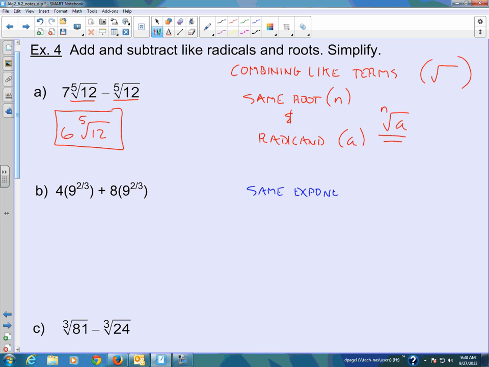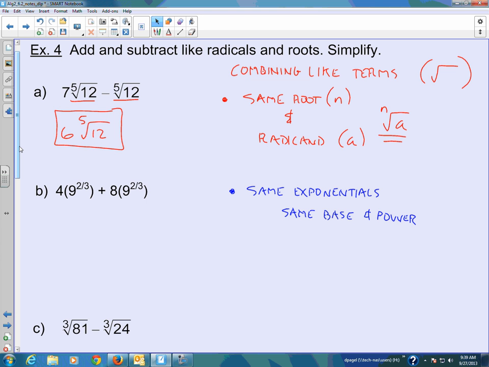Exponentials, which means same base and power. So we can do same exponentials, we can do same roots.